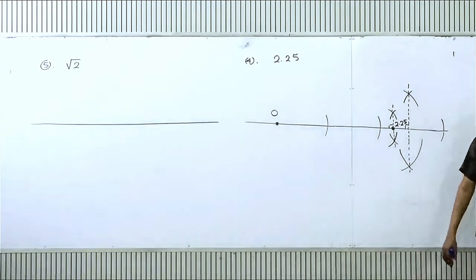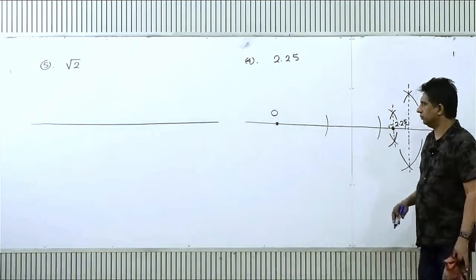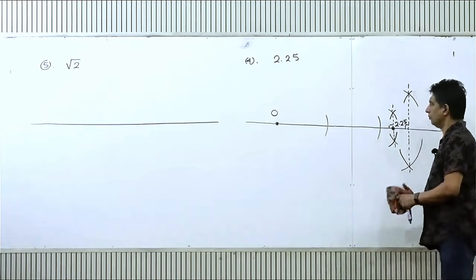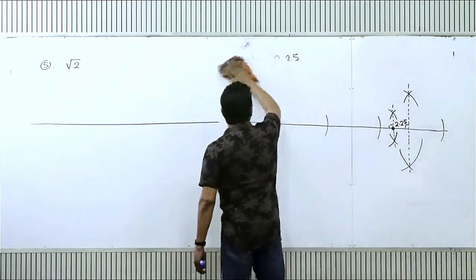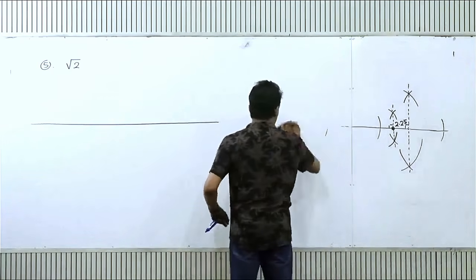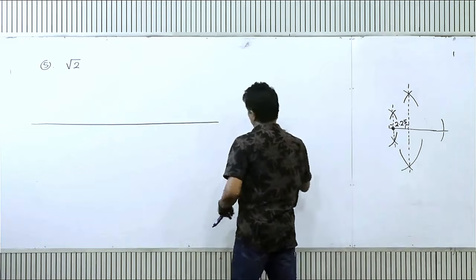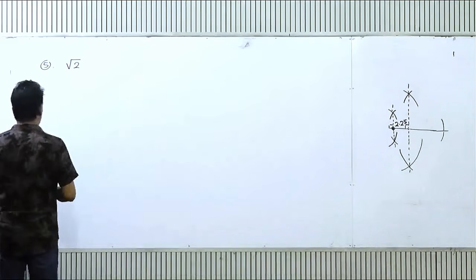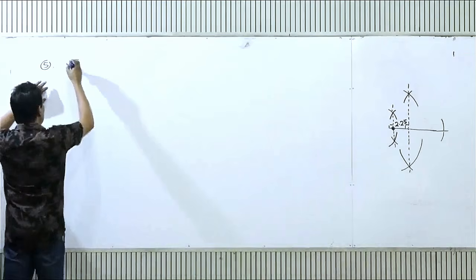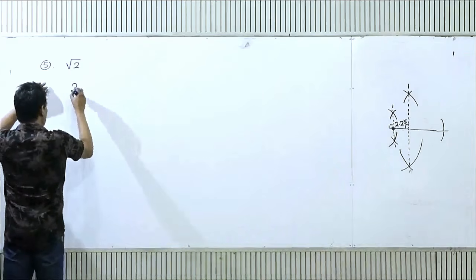As we know, this is an irrational number, no? Root 2. If we want to mark that irrational number, first we have to take this number alone.